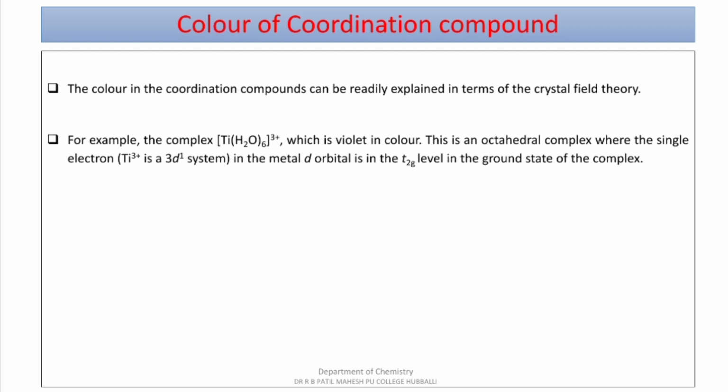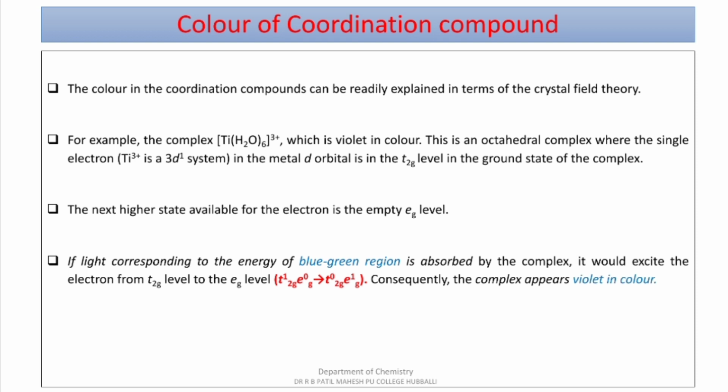In the metal d orbitals, it has an electron in the lower energy level in the crystal field, that is the t2g level, also known as the ground state of the complex. The next higher state available for excitation of the electron is the empty eg level.